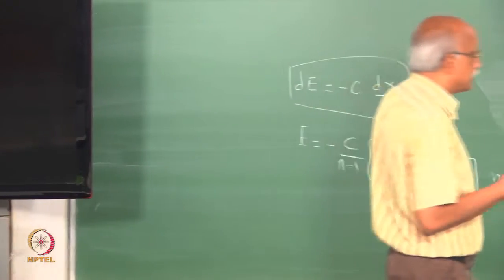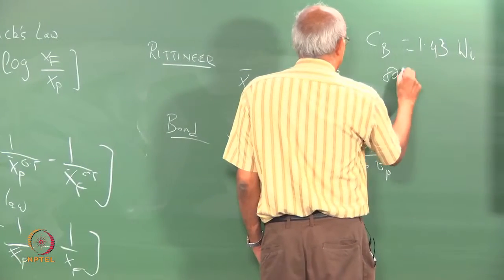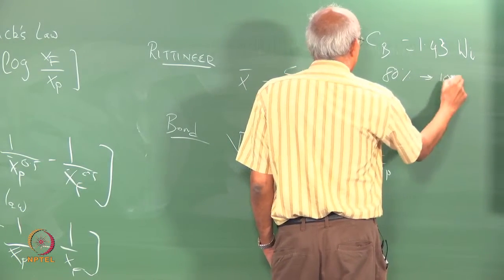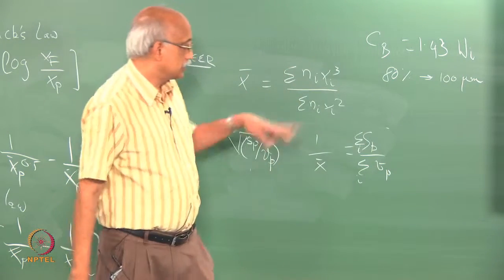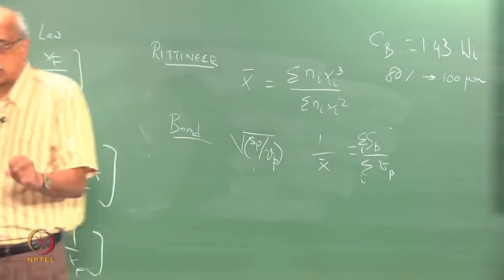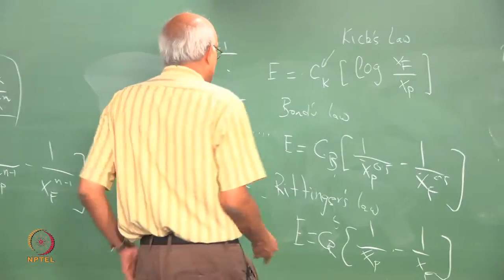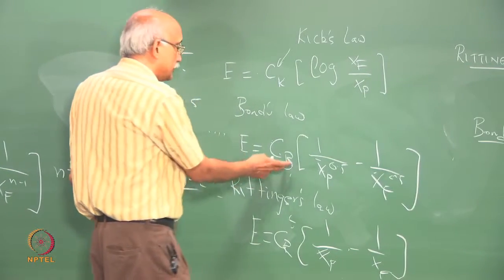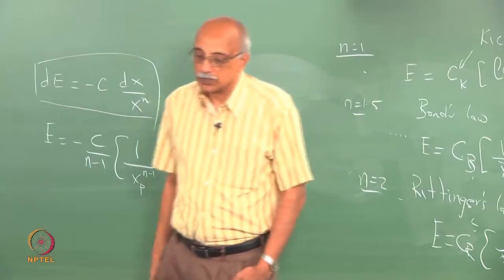Okay. So, the key numbers here are 80% of product must go through 100 micron mesh. So, Wi is the work required to make that happen, and then once you have Wi, you can estimate Cb and plug it into this equation.